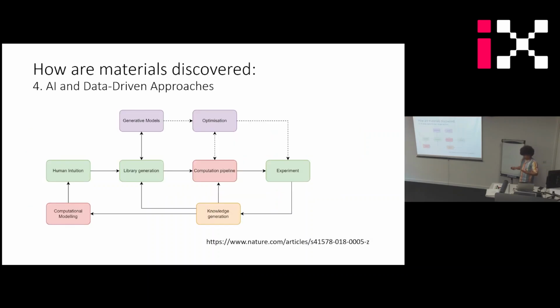And now, since 2000, with the development of data-driven approaches and AI, we can accelerate this even further by using generative models to generate new molecules or new materials, and accelerate the discovery through optimization, reducing the number of trials and errors and using all the knowledge we've built up so far to guide our search of the material space.